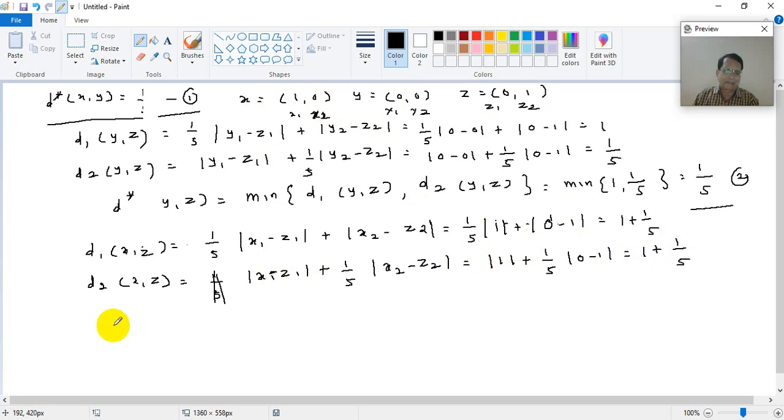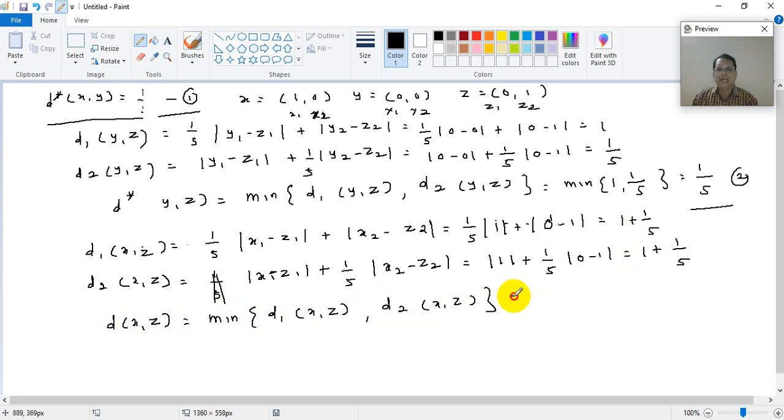So what do you get? d star x comma z is equal to the minimum of d1 xz comma d2 xz. But now you can see that both values are the same, 1 plus 1 by 5, which is 6 by 5.